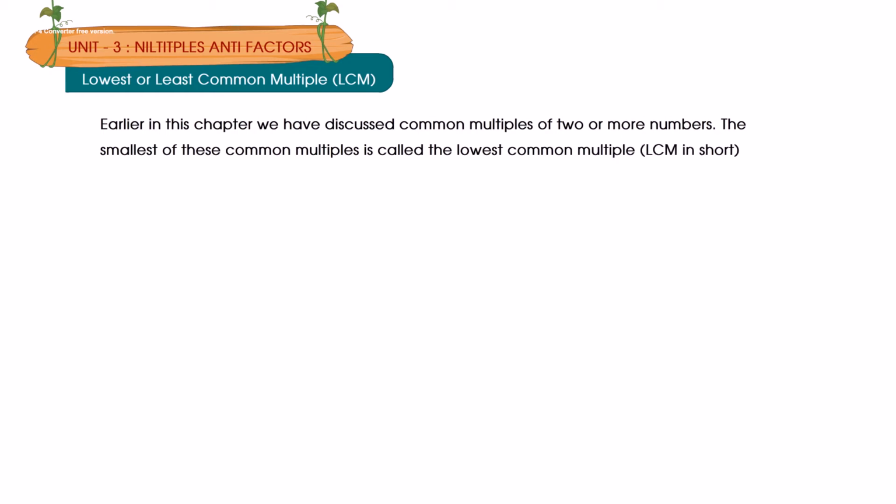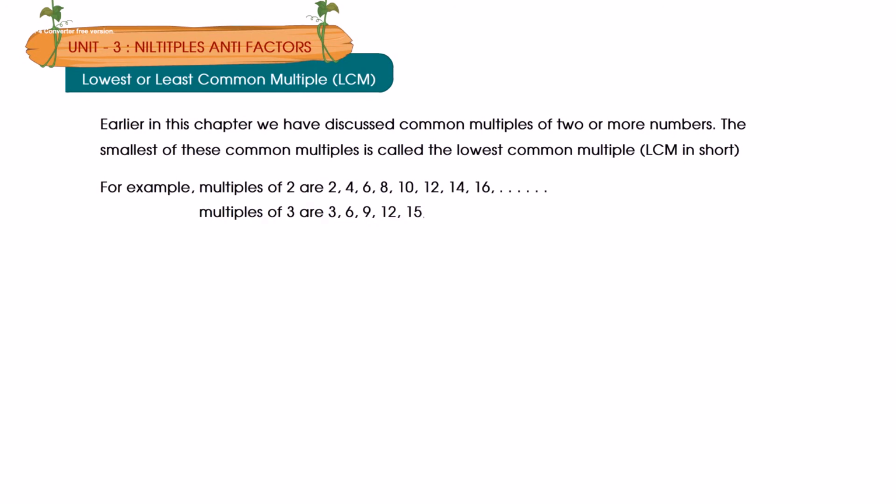For example, multiples of 2 are 2, 4, 6, 8, 10, 12, 14, 16, and so on. Multiples of 3 are 3, 6, 9, 12, 15, 18, 21, 24, and so on.